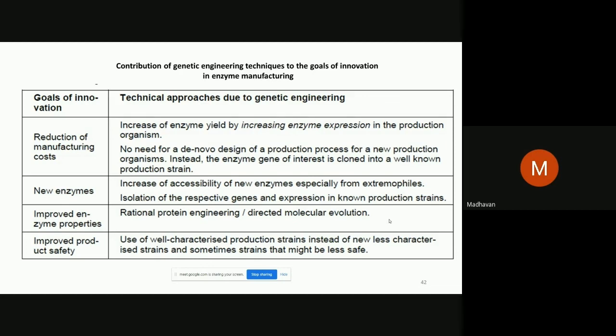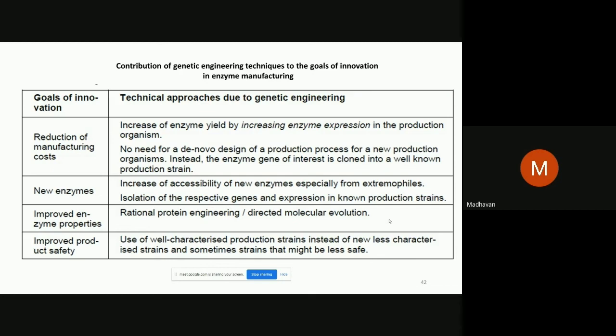And improved enzyme proteins through rational protein engineering and directed molecular evolution have been developed. And for improved product safety, you need to look into safe organisms which can be used. See, pathogens are there, and those cannot be used at an industry level.